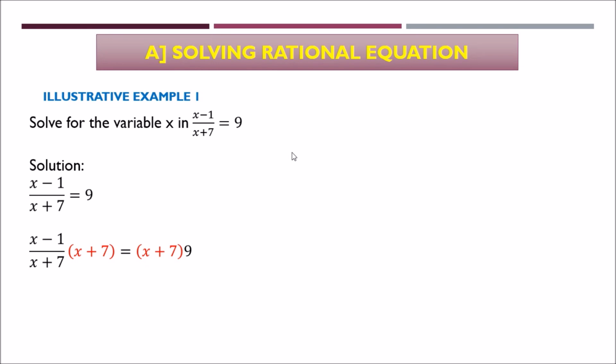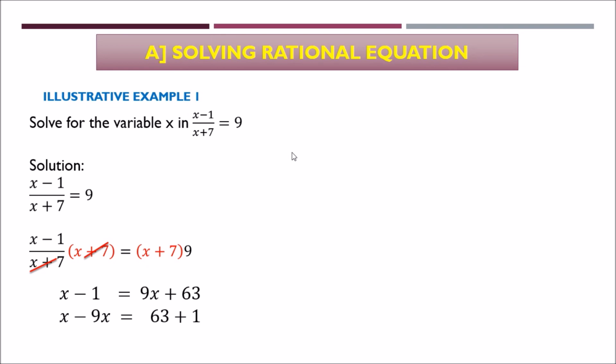So we will multiply both sides by x plus 7. And now we can cancel out the quantity x plus 7 there. And what we have is x minus 1 equals 9x plus 63.